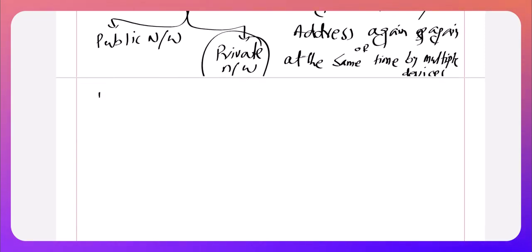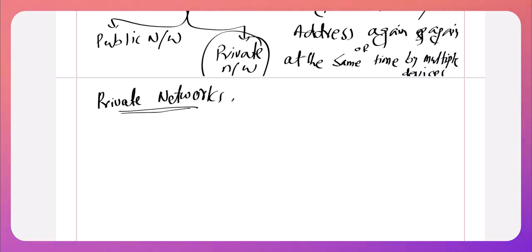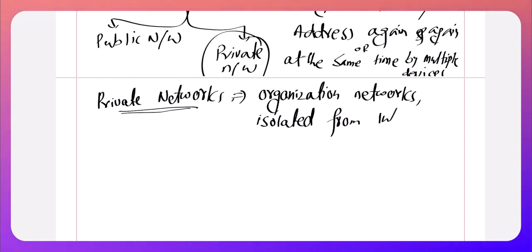Private networks mean organization networks, isolated from the internet, fully isolated, and only connected with the help of a proxy.